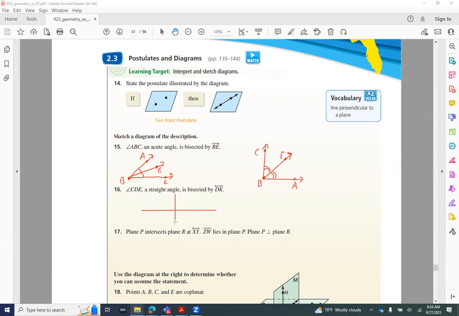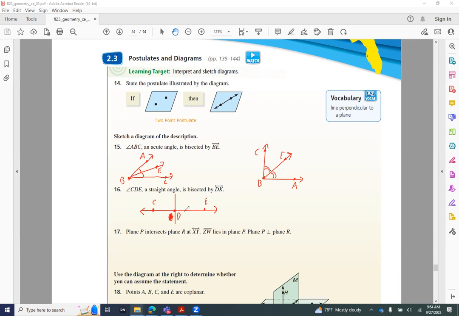Since a straight angle is being bisected, we're going to draw 2 perpendicular lines. Because a straight angle is an angle with a measure of 180 degrees, let me label this appropriately: C, D, E.